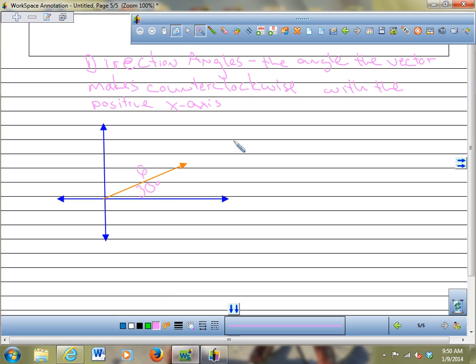This vector can be expressed as 6 times the cosine of 30 degrees in the i direction plus 6 times the sine of 30 degrees in the j direction. And where that comes from is you're just breaking this vector down into its horizontal and vertical components.